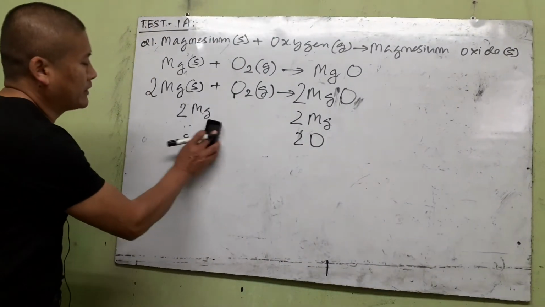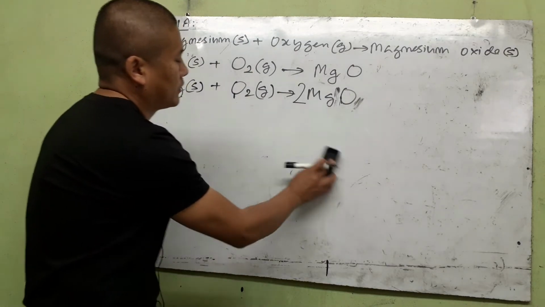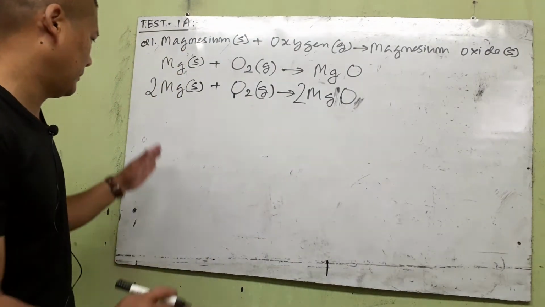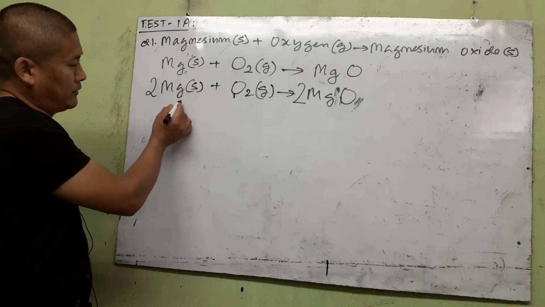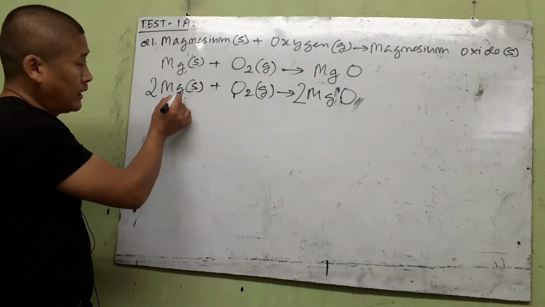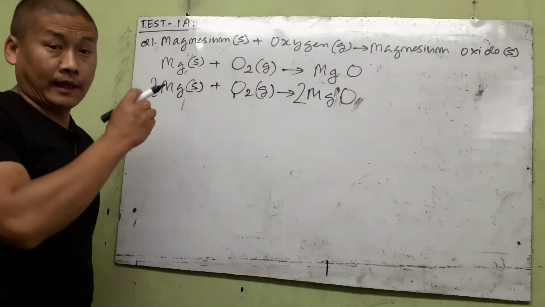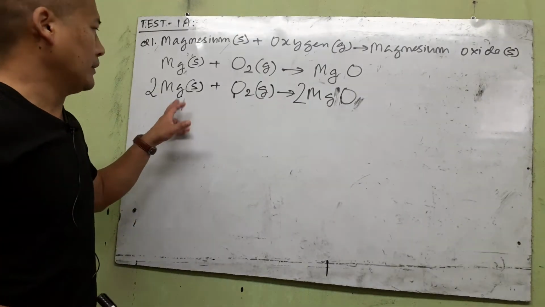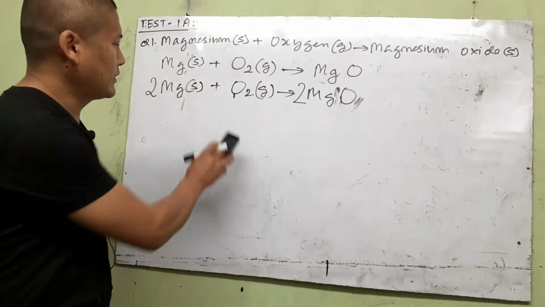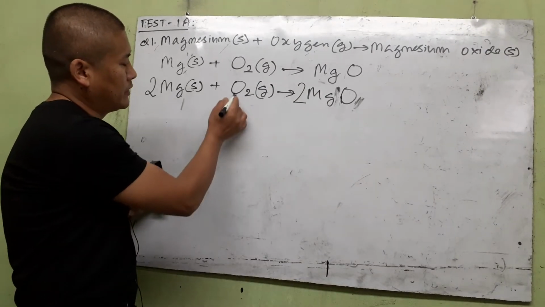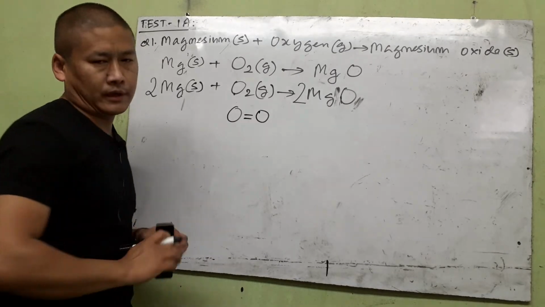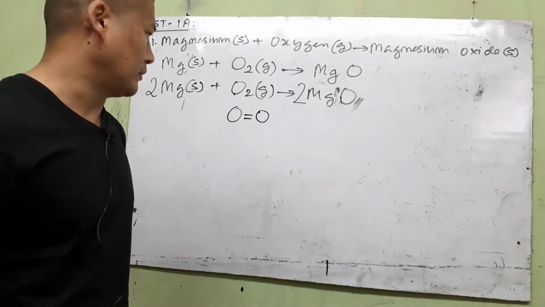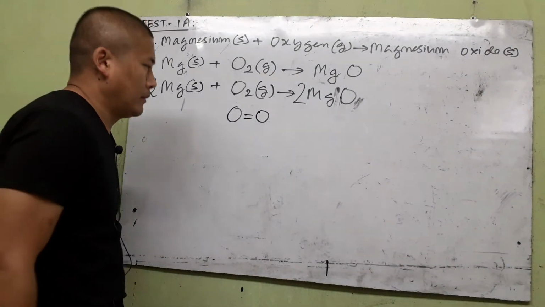Now let us read the balanced chemical equation. Before we read it, just remember this. At the back of a symbol, if there is no number, it means 1. If it's 1, that means it is an atom. Any substance having more than 1 atom, whether of the same type or different type, is a molecule. This O2 means in oxygen, the 2 oxygen atoms are connected by a double bond, which is not necessary to show, but I'm just explaining here.